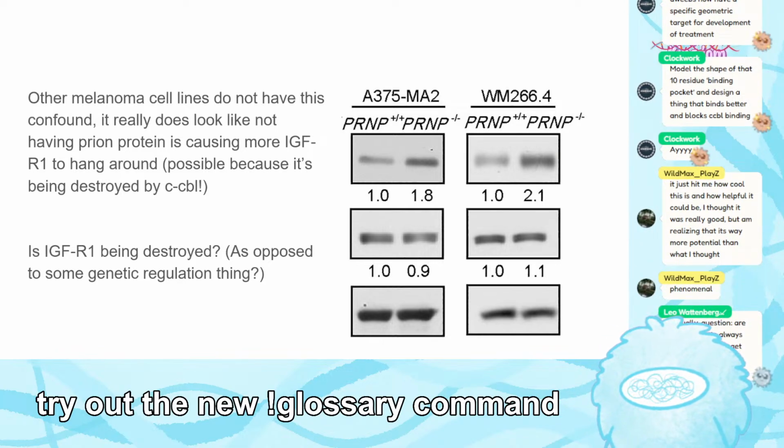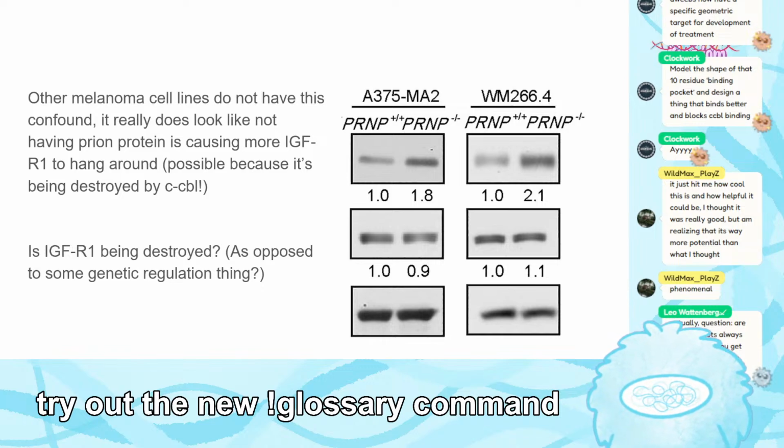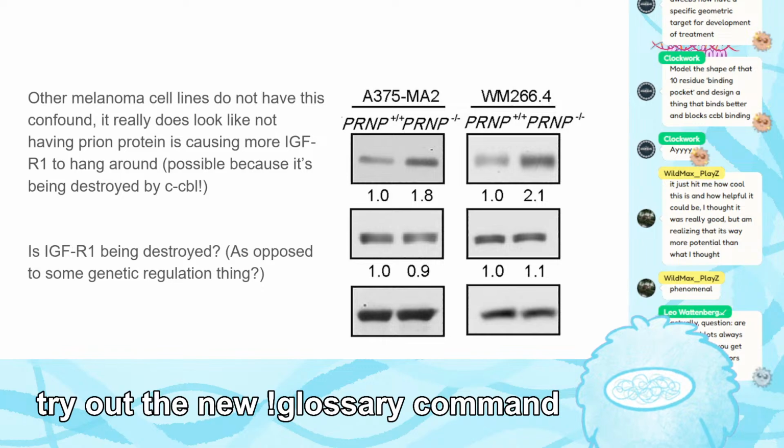Actually, question, are Western blots always black, or can you get them in funky colors too? It depends. When you display Western blot data, you typically make it black and white no matter what, because the actual value that is measured is the pixel density. So it all gets transformed into black and white.